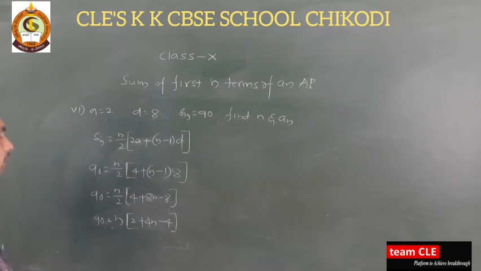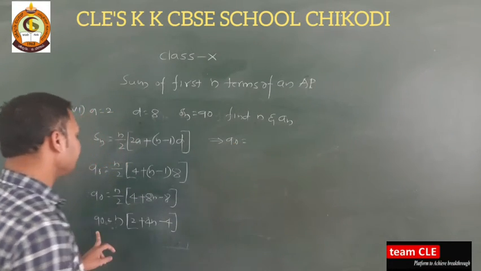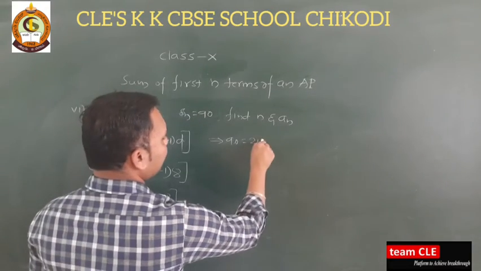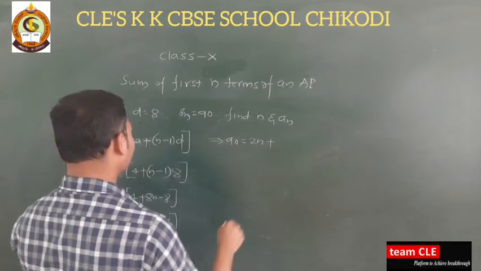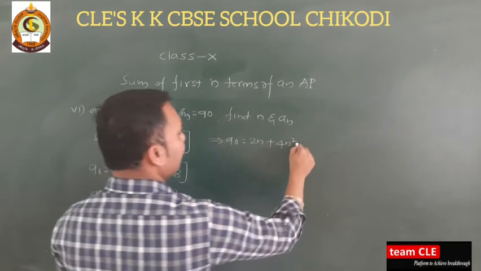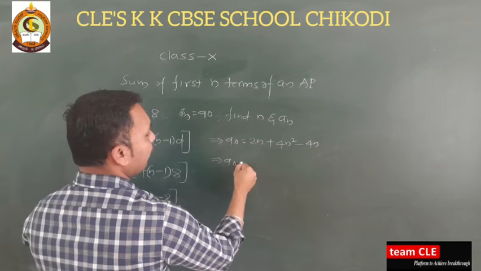Well, we have taken inside that. Next, this implies 90 keep as it is. Now multiply n, you get 2n plus 4n square, and this is again minus 4n. Okay. Now this implies we have 90 as it is.